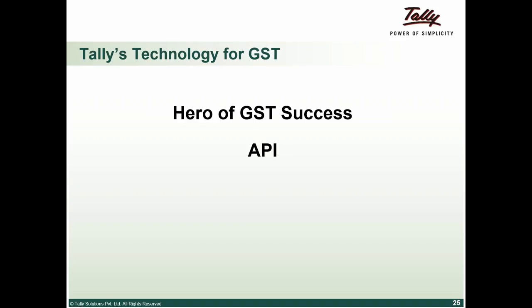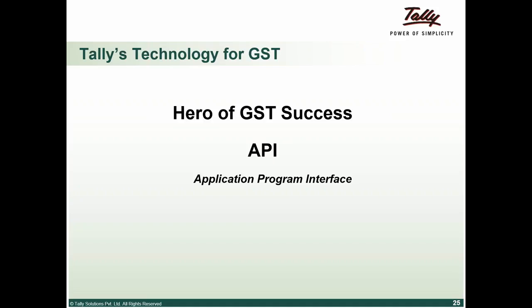So the hero of GST, if you see, is the API. So what is this API? It's basically application program interface. And this is what I mentioned in the previous two slides, where I said this is the real digital B2G that is going to happen.